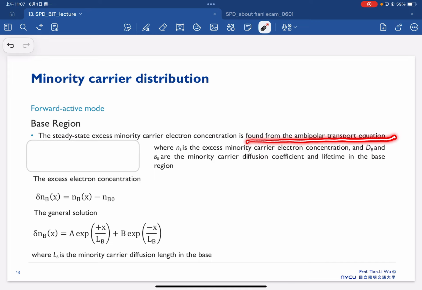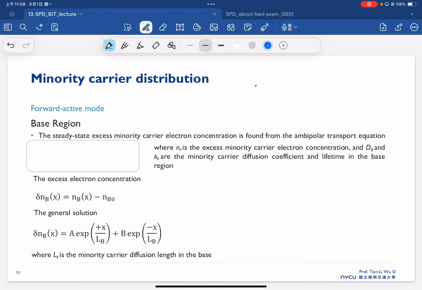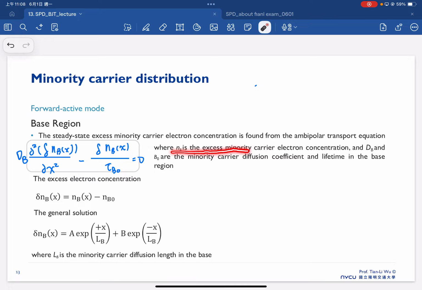We can borrow the experience that we learned from the bipolar transport equation, and therefore we have this equation, where NB is the excess minority carrier electron concentration, and DB and tau B are the minority carrier diffusion coefficient and lifetime in the base region.